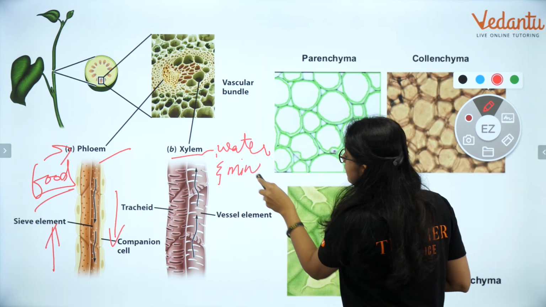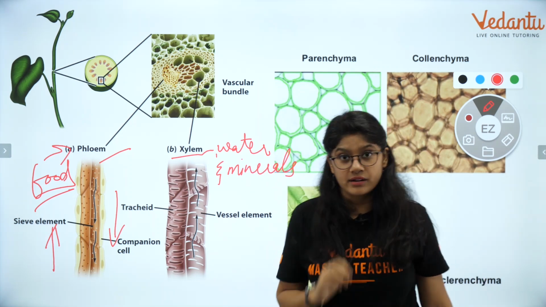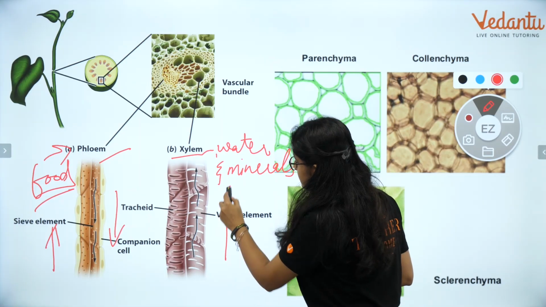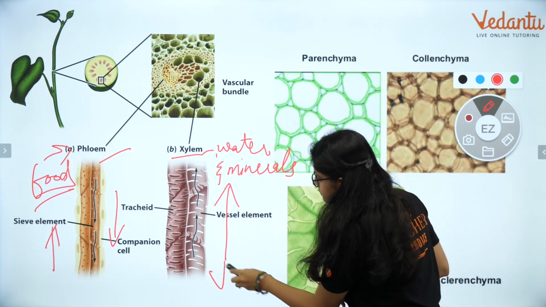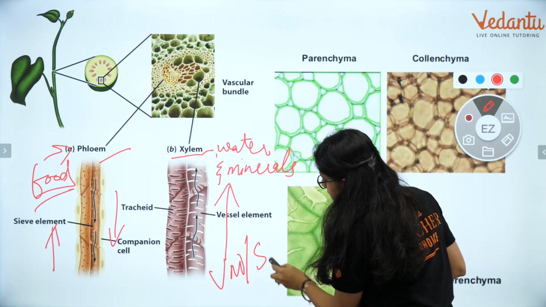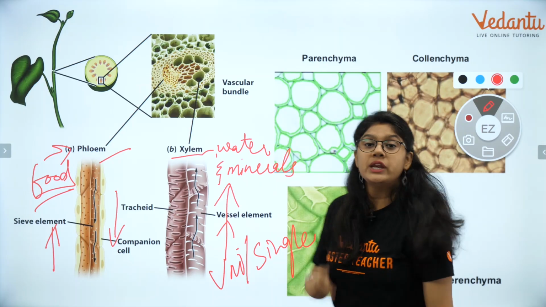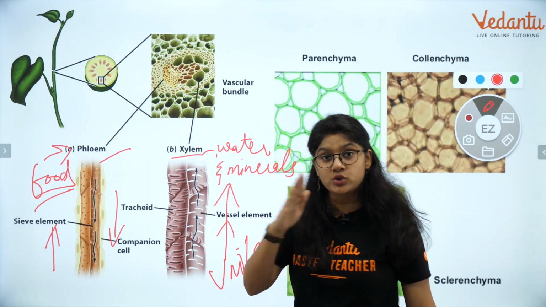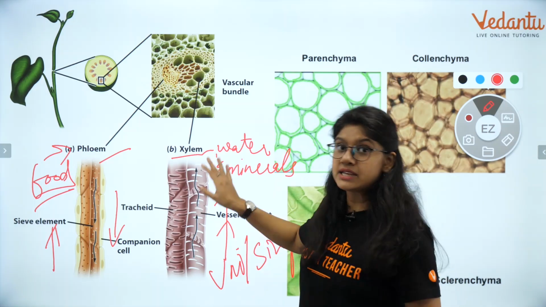It carries the minerals, right? It carries the minerals, and this is unidirectional. Uni means single. Only one direction, from the roots to the shoot, the flow of water will be there in the xylem.